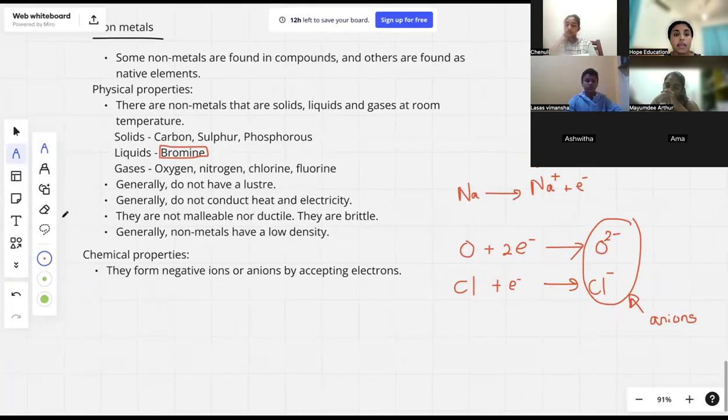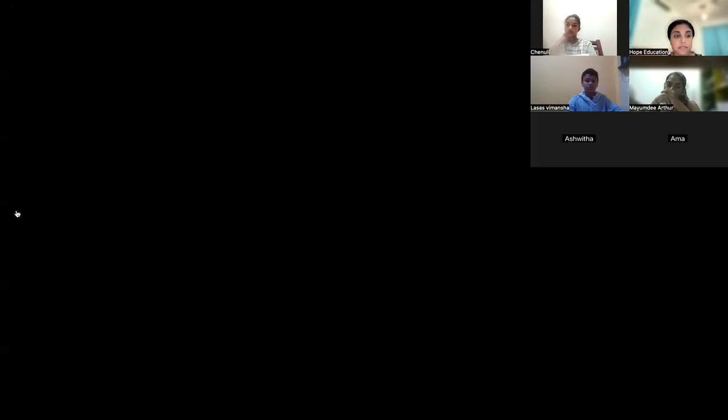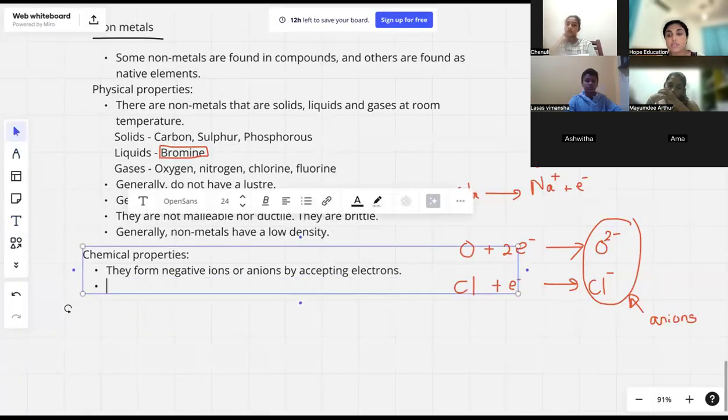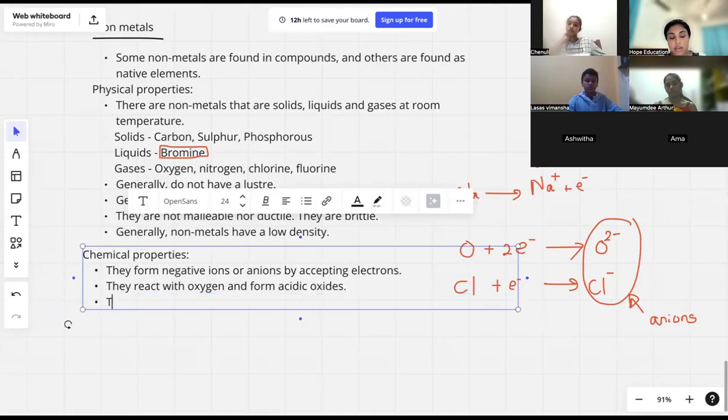Okay. Then another thing about non-metals is that, this is one of those things that I will have to explain later. They react with oxygen and form acidic oxides.